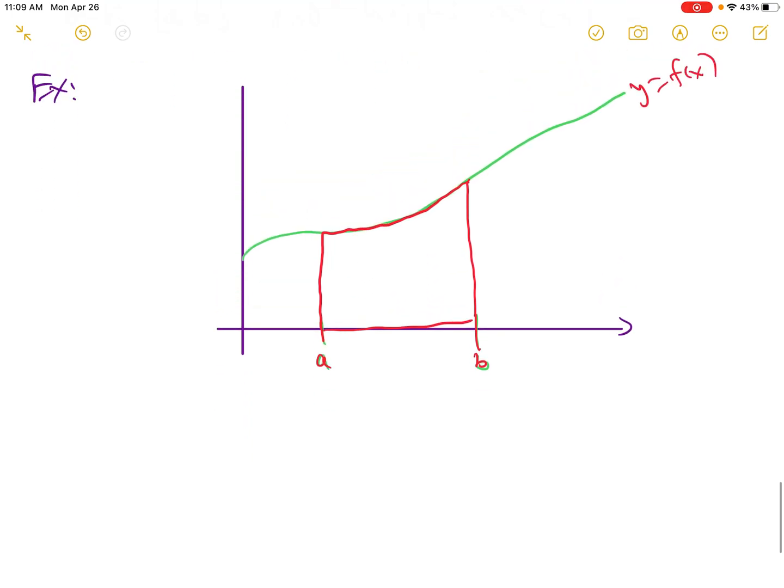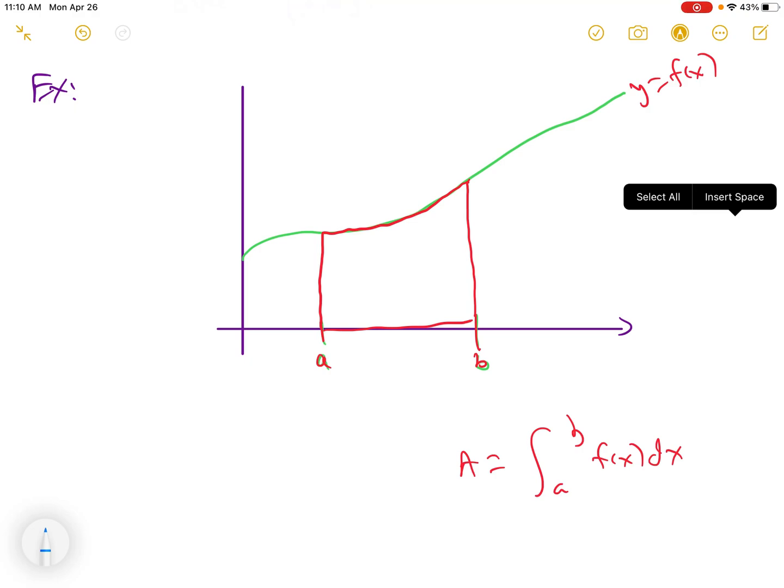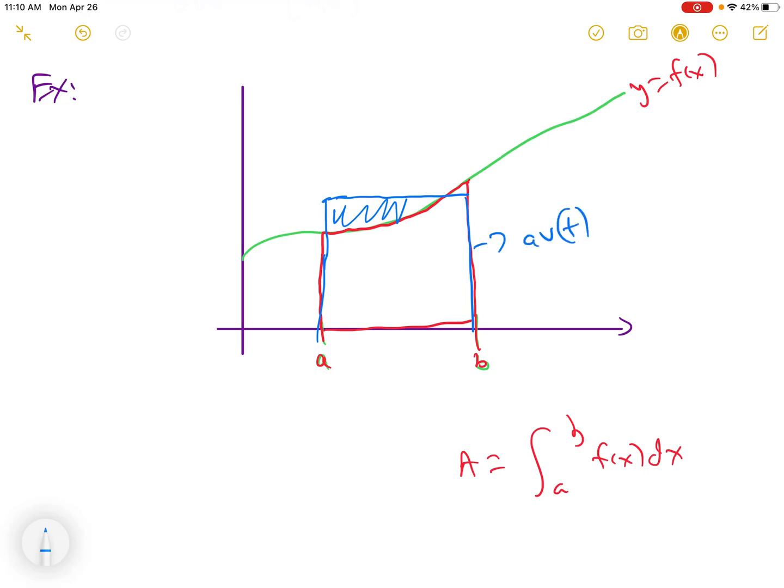The area inside this shape is the integral from a to b of f of x dx. But the average value is probably going to look something like this. I don't know, maybe something like this, depending. Okay. And so this is going to be the average value of f times b minus a.